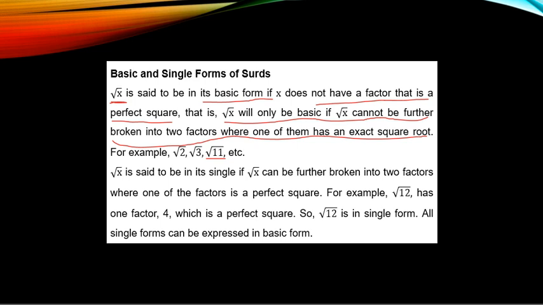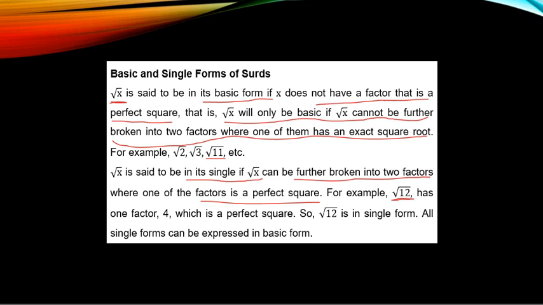That's the meaning. Then root S is said to be in its single form if it can be further broken into two factors where one of the factors is a perfect square. For example, look at root 12. If you observe carefully, among the factors of 12, one of them is a perfect square, that is 4.